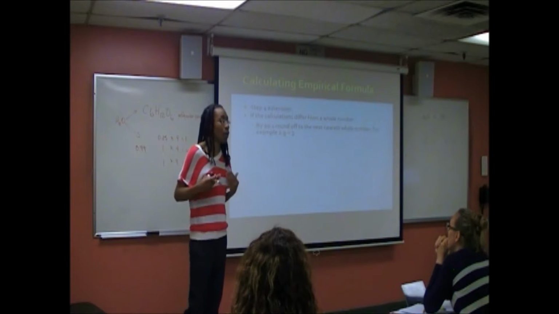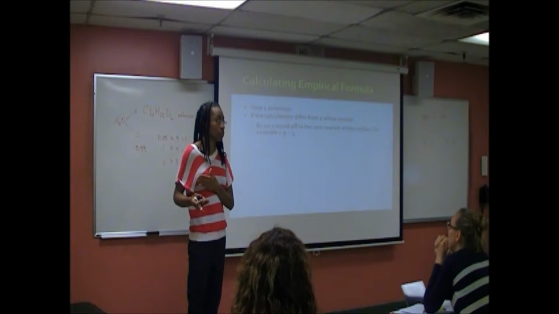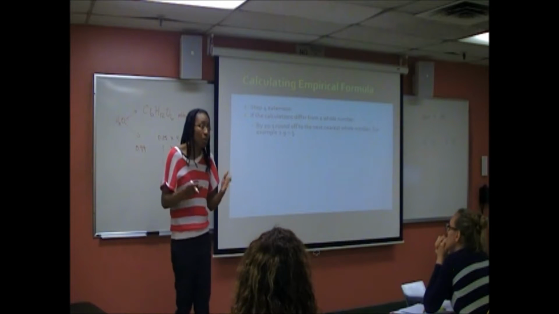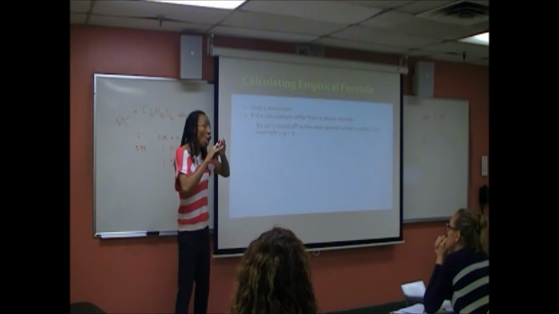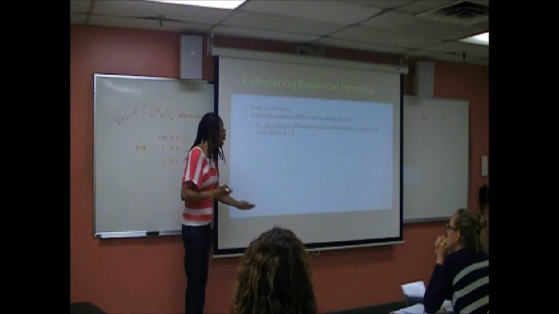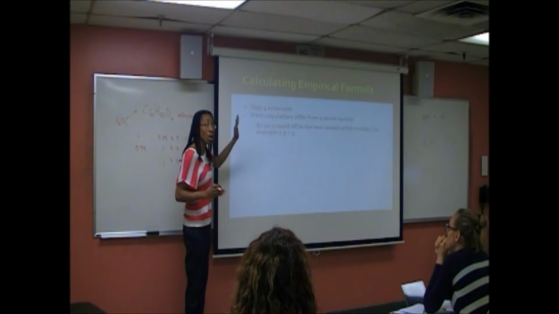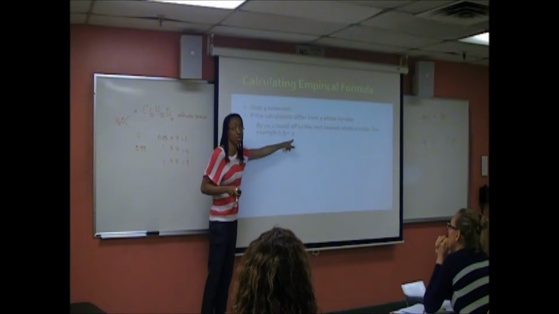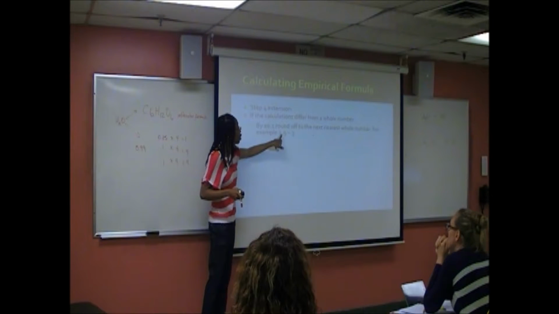Every other time, when do we round? 5 or above. When you're working with empirical formulas, you can only round if you are 0.1 away from a whole number. If you are 2.9, you can round that to 3. If you are 2.1, you can round that to 2.